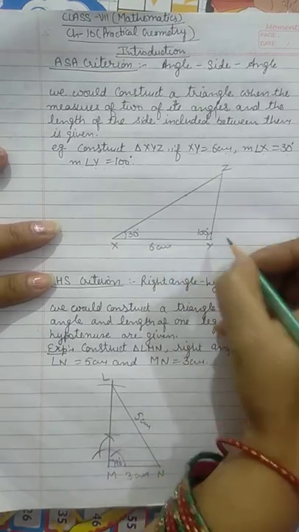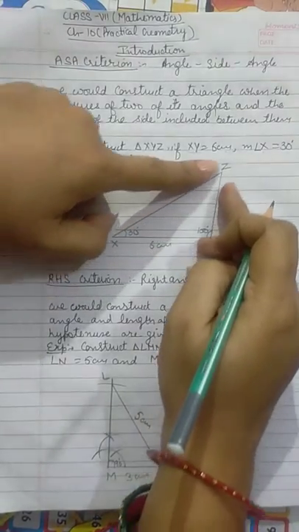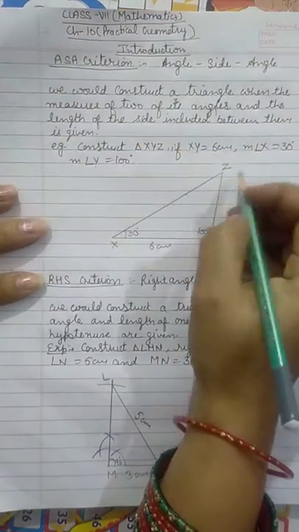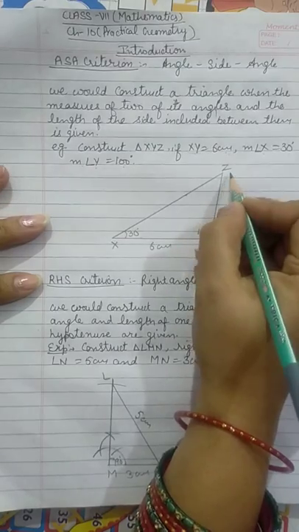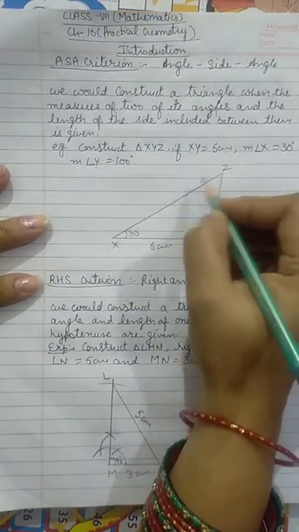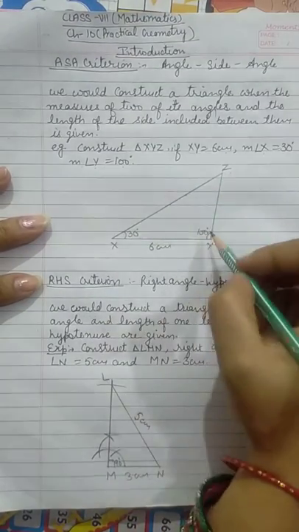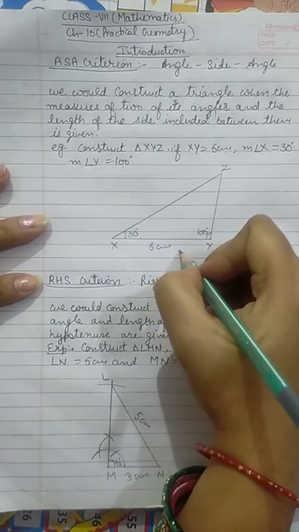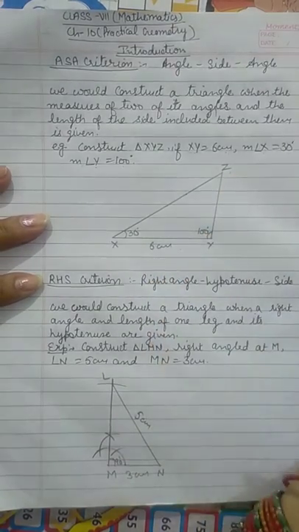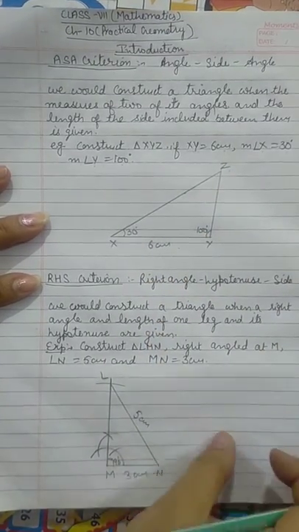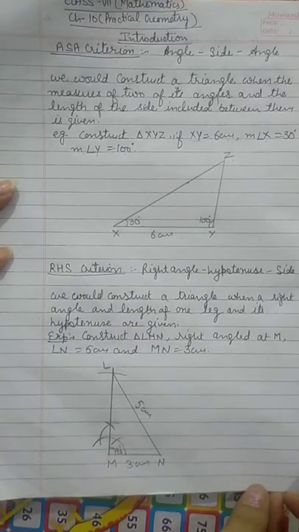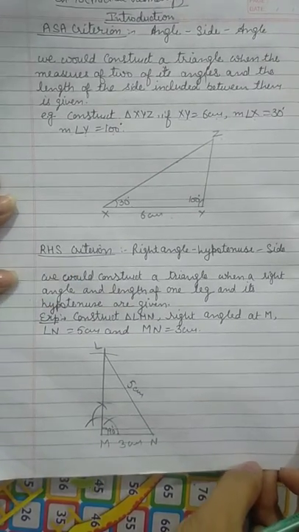Then we will check where both the angles are going to meet, that one intersecting point of both the angles will be Z. So in this way, when both the angles and the included side are given to you, you can construct a triangle.